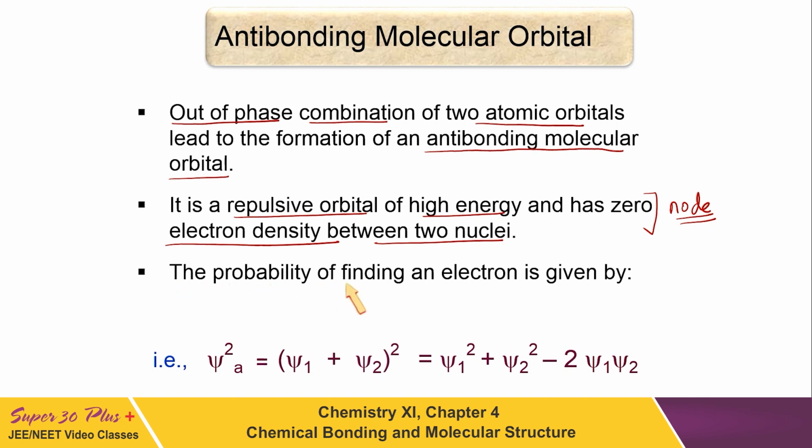What about the probability of finding an electron? We know that in ABMO psi A is different from psi B. So now we do the square, and after squaring what we get is psi ABMO square equals psi A square plus psi B square minus 2 psi A psi B. Now it states just the exact opposite of the BMO.